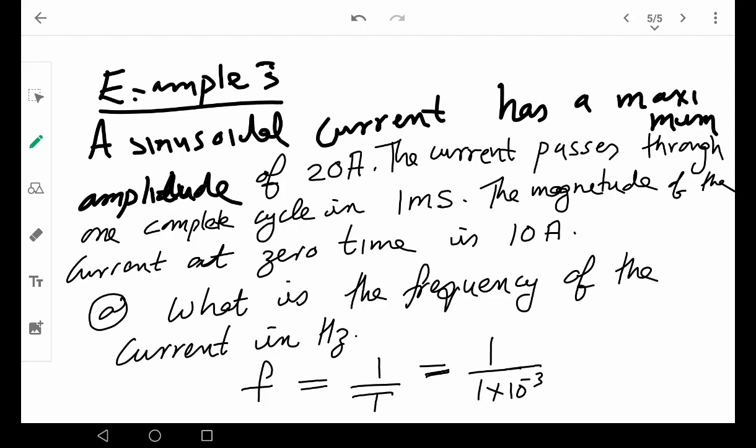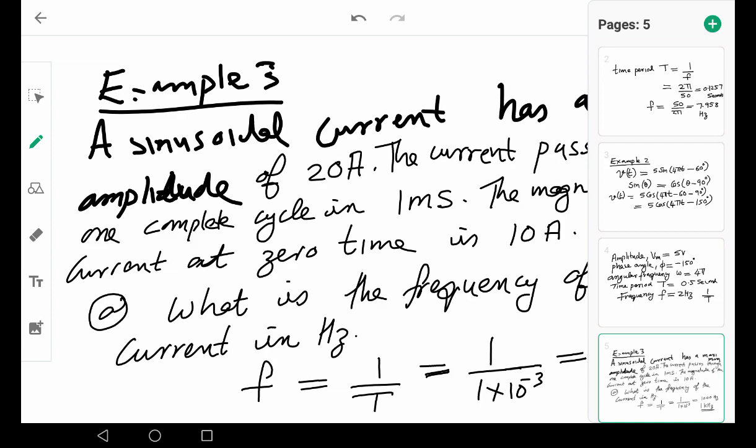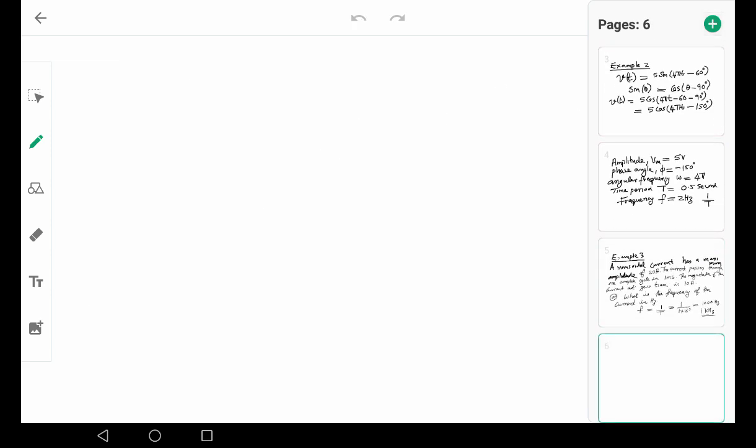So it will be 1000 hertz. You can say the frequency is 1000 hertz, or you can call it 1 kilohertz. That's the frequency. Okay. Now you can see question B.